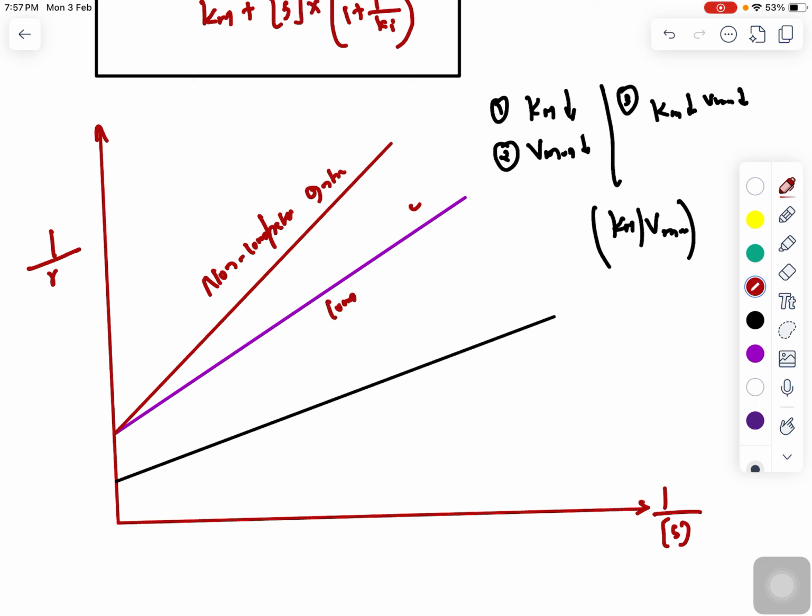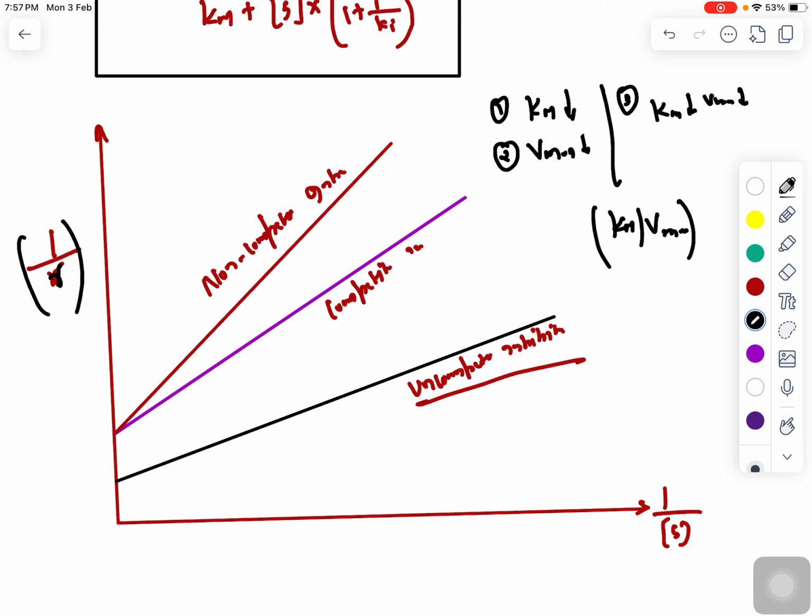This is for competitive inhibition, and this is for uncompetitive inhibition. Is that clear? So you can make this kind of plot also, from where you can understand all of these kinetics for competitive, non-competitive and uncompetitive inhibition. That is a very, very important curve.